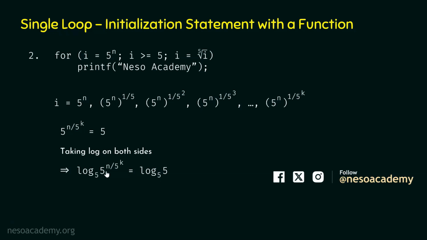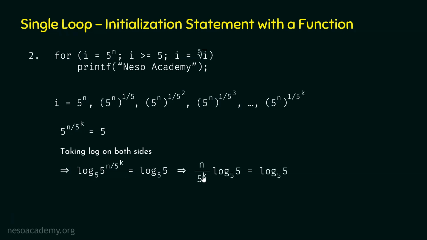And log 5 power n by 5 power k base 5 is equal to n by 5 power k times log 5 base 5. This is from the property of log a power b base c, which is equal to b times log a base c. So we can rewrite this equation as n by 5 power k times log 5 base 5, and this is equal to log 5 base 5.